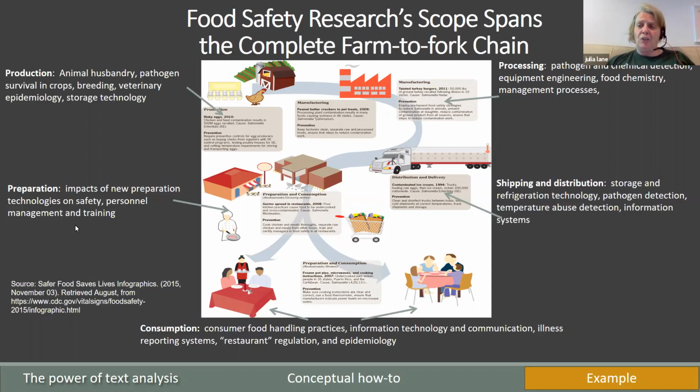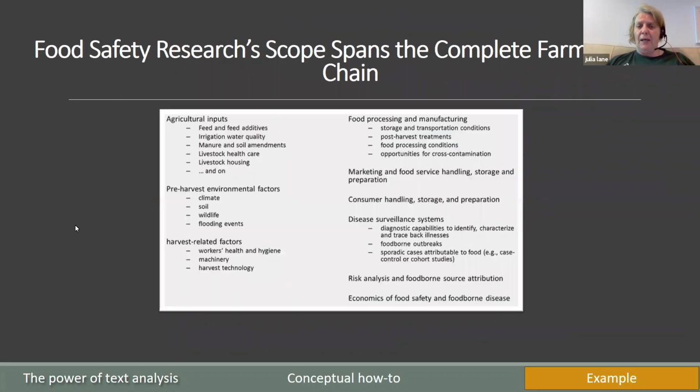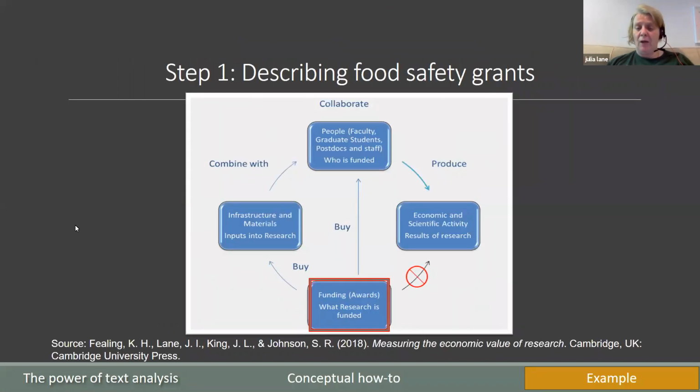So there's not a natural bucket to think about. And the words that are used to describe food safety can be very different. So how are we going to go about figuring out what research in food safety is funded? Because that's at the core of what we wanted to do. We're interested in finding out, first of all, what's funded, then who's funded, and what are the results.